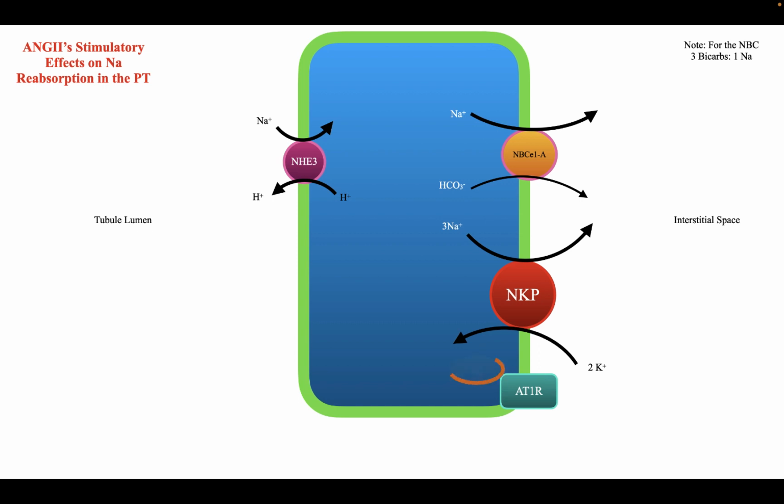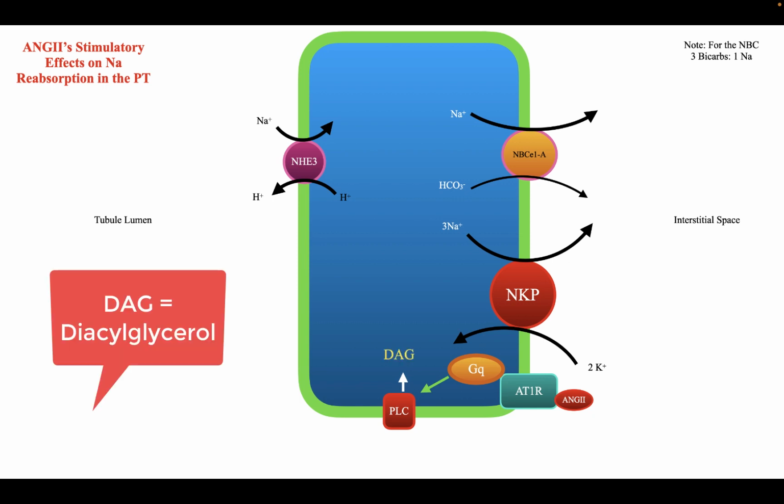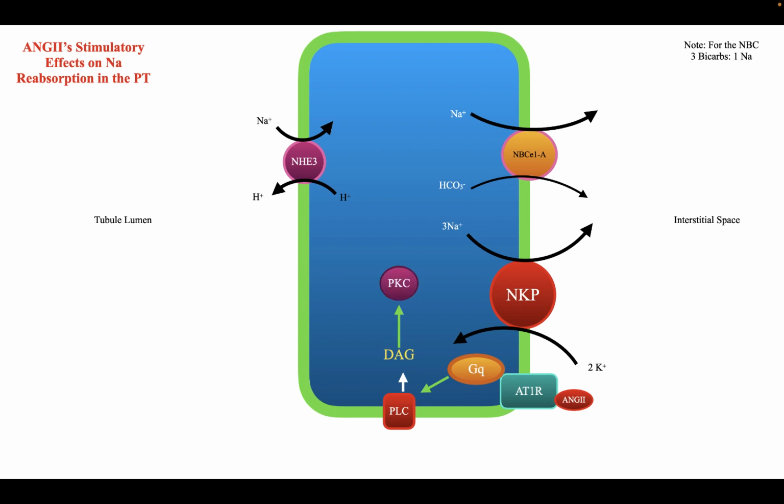So when ANGII binds to this receptor, it activates the GQ protein. The GQ protein will then activate phospholipase C, and then phospholipase C will produce IP3 and DAG. DAG will then activate another enzyme called protein kinase C. And then protein kinase C is going to have a number of different effects.